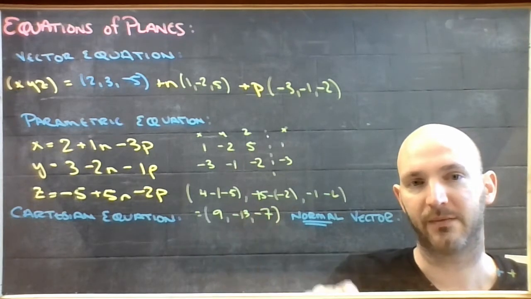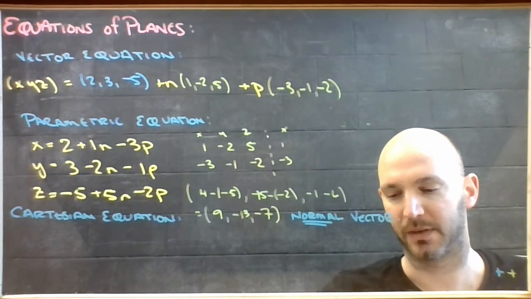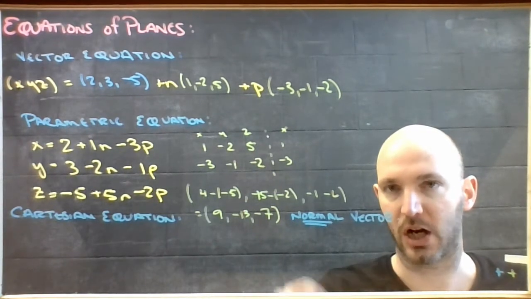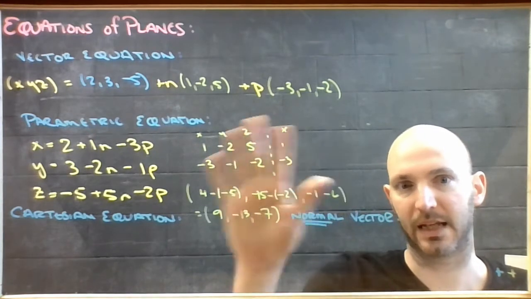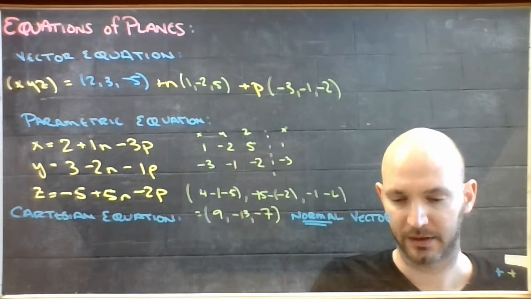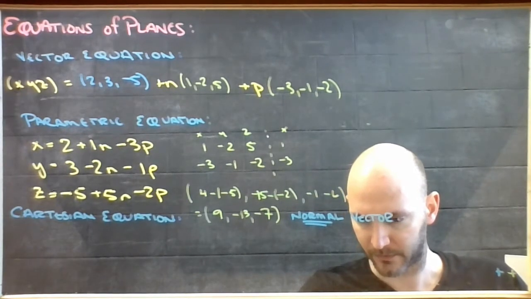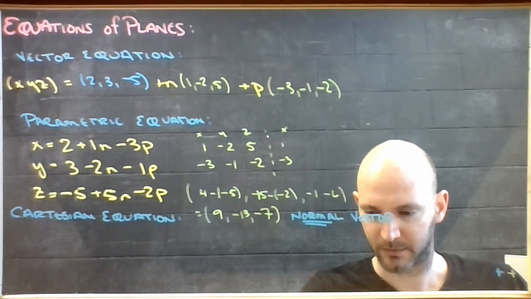So now that I have this, the way you set this up is that the coordinates of the normal vector dotted with any other vector in this plane has to be 0. Just lost my markers here.